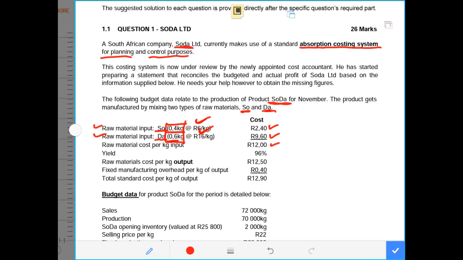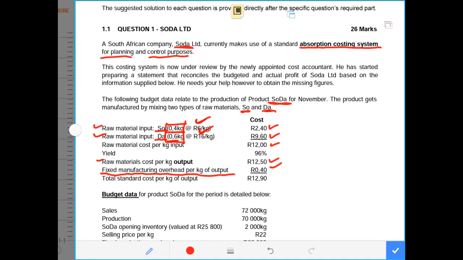And the raw materials cost per kg of output is 12 rand 50 cents. So this also is another indication that 1 unit is equal to 1 kg. Then it says fixed manufacturing overhead per kg of output is 40 cents.